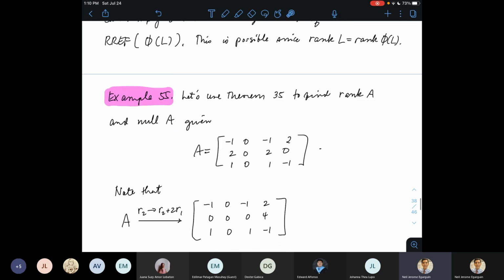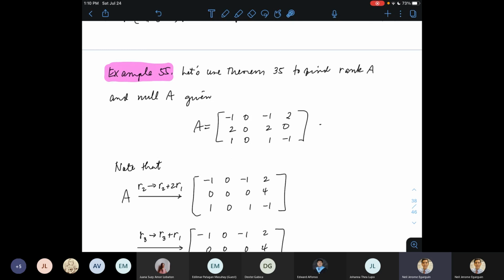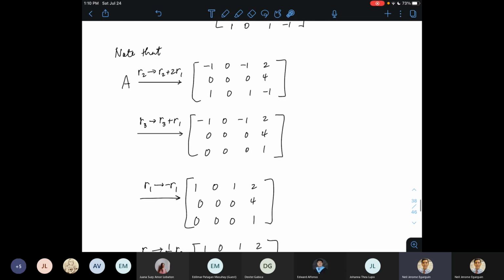So let's see this in action. The previous discussions that we have, and probably we can stop here. Example 55. We want to find the rank and the nullity of this matrix A here. Again, I'm going to play with RREF here by using EROs. Pero para mas simple yung discussion, hindi ko na ipapakita yung EROs as pre-multiplication by an elementary matrix.